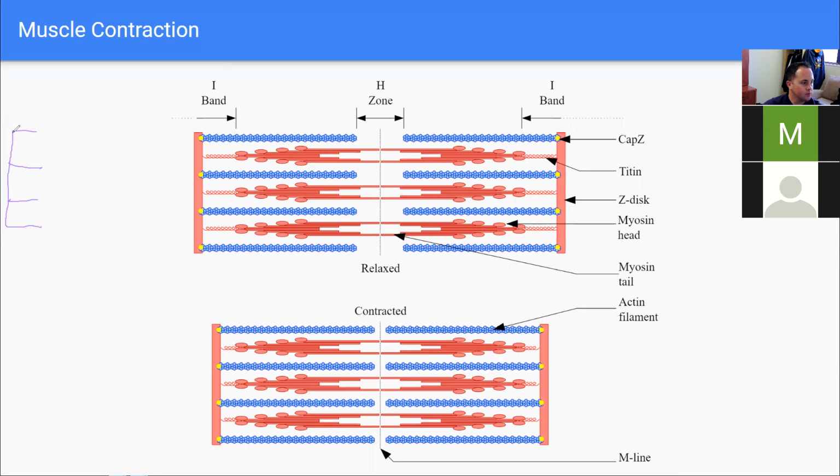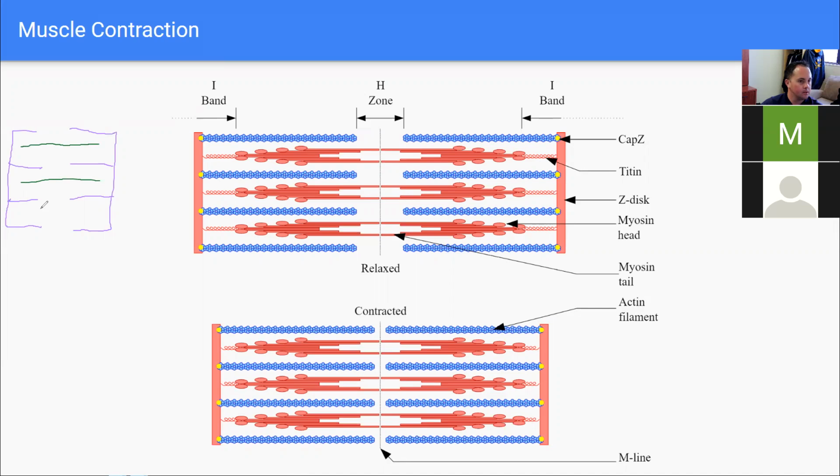We are going to draw the myosin and actin sliding filament contraction, okay? That's a big fancy term for what we're doing, called moving muscles. So here are my actin filaments, and I'm going to draw in myosin.